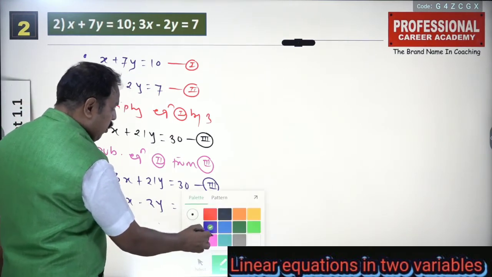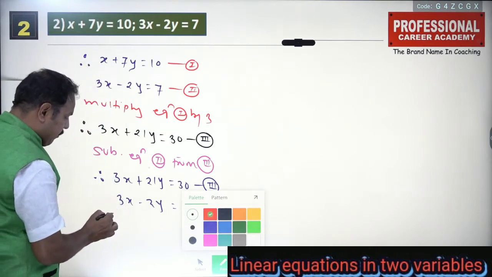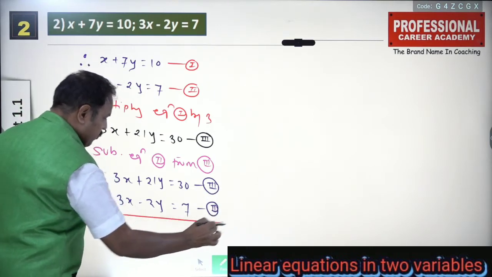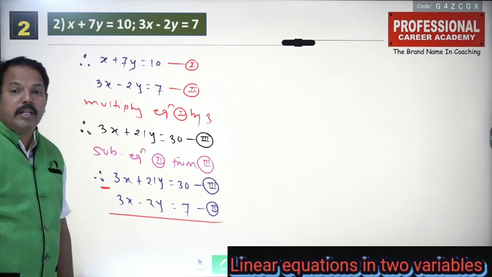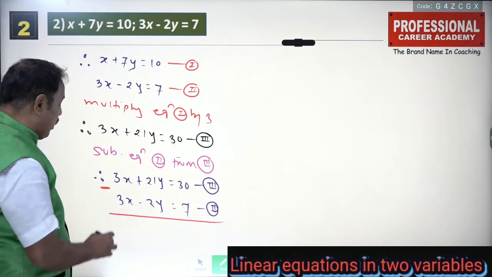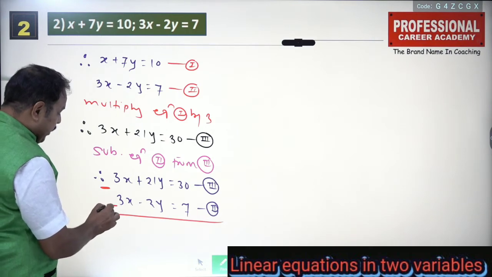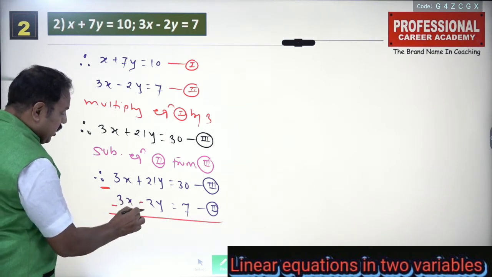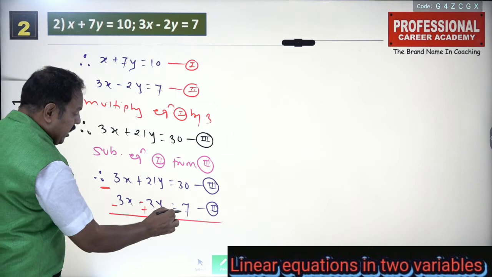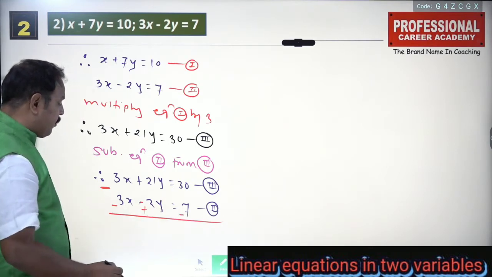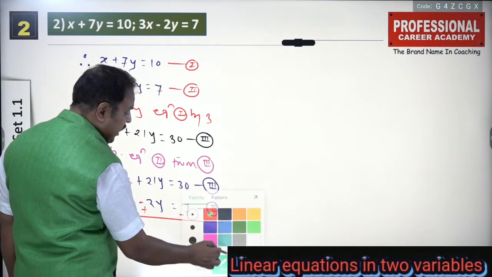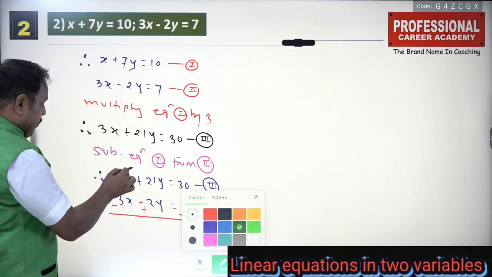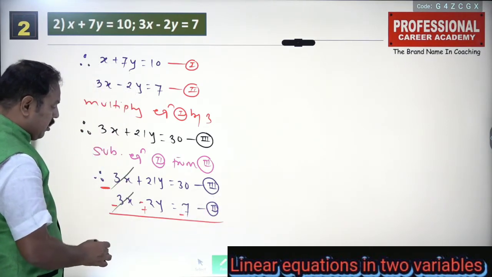You have to subtract these two. Okay, subtraction means you have to change the signs of the second equation. This is already plus, it becomes minus. This is minus, it becomes plus. This is plus, it becomes minus. So here what happened? In this case 3x and minus 3x get cancelled.